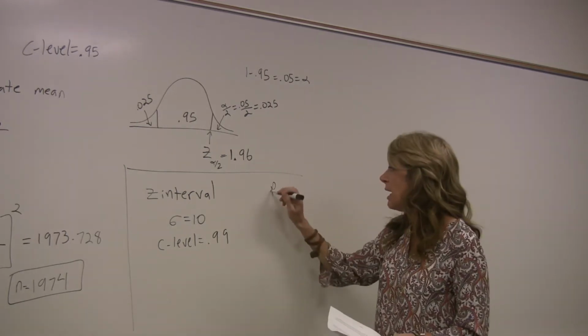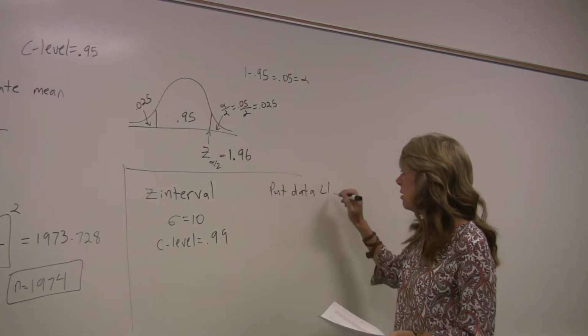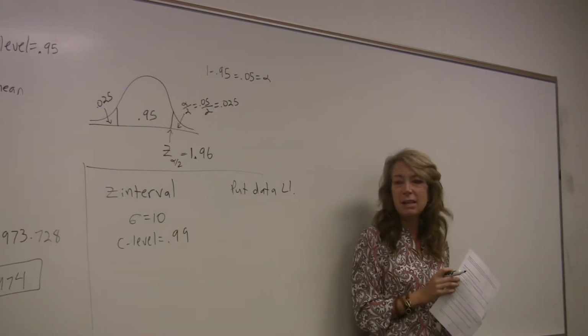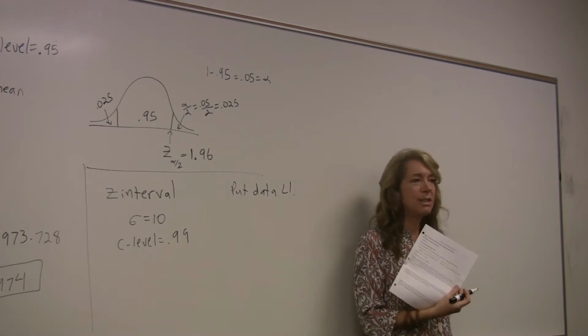So we need to put all the data into list 1, or any list that you want, but I'm going to put it in list 1. Remember way back in chapter 3, stats, edit. So we just start there by typing all your numbers into your list.